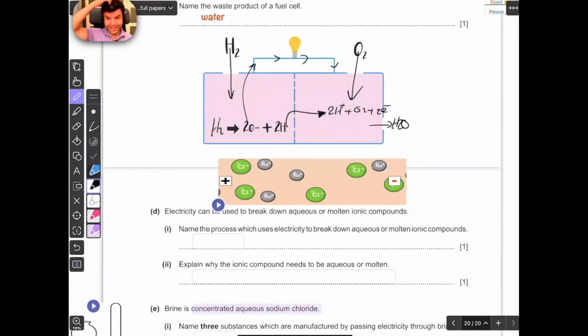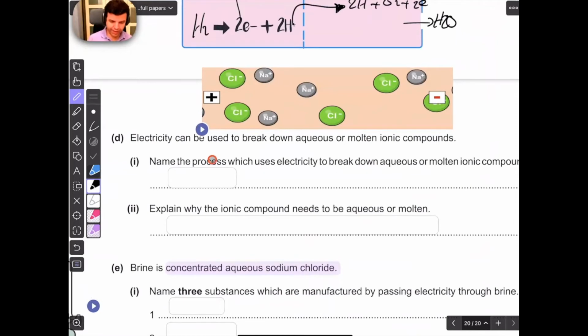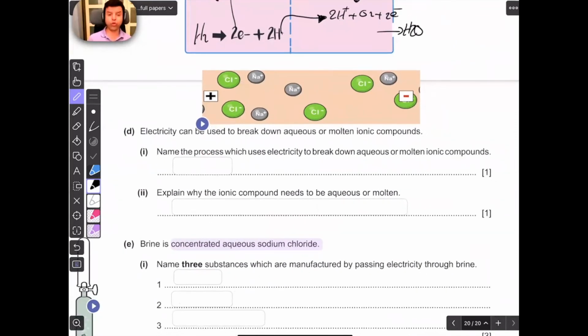All right. Question, they said, name the process which uses electricity to break down aqueous or molten ionic compounds. What do we call that process, Yusuf? Electrolysis. It's called electrolysis. Very good. Explain why the ionic compounds need to be aqueous or molten.